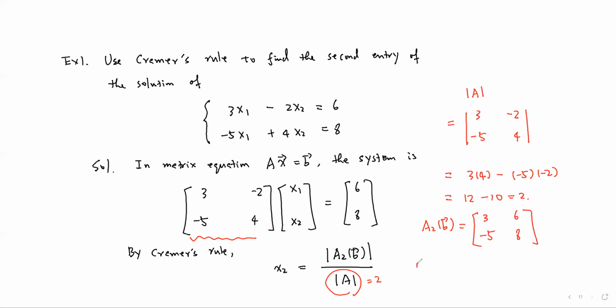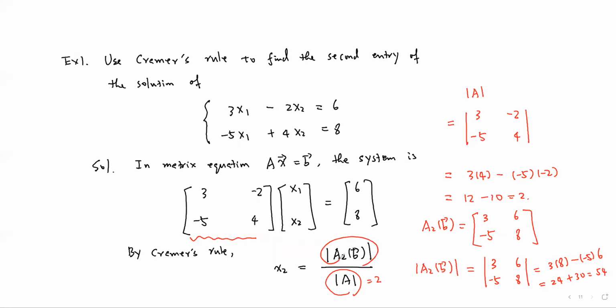Now compute the determinant of A_2(b). Again, a 2 by 2 determinant. So it is the product of 3 times 8 minus (-5 times 6). This is a plus 30, or 54.